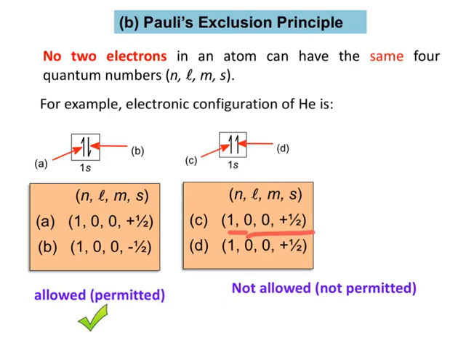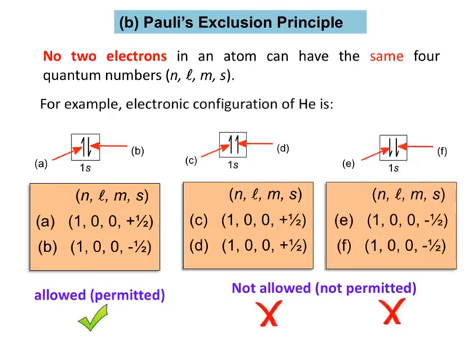So it does not obey the Pauli exclusion principle. E electron and F electron have similar electron spin rotation. Thus, they have similar electron spin quantum number, which is negative half. E electron and F electron have the same 4 quantum numbers, which are 1, 0, 0, negative half. So it does not obey the Pauli exclusion principle.